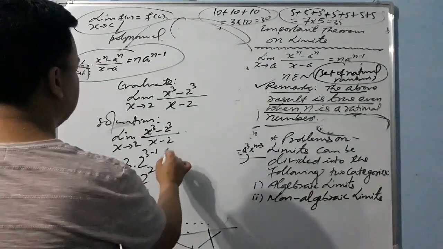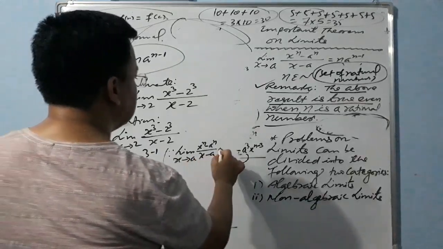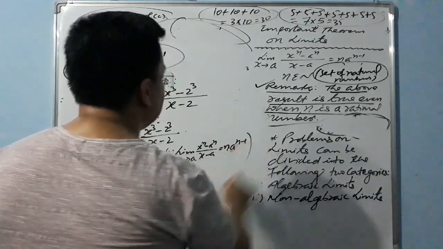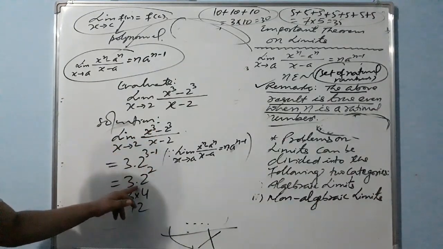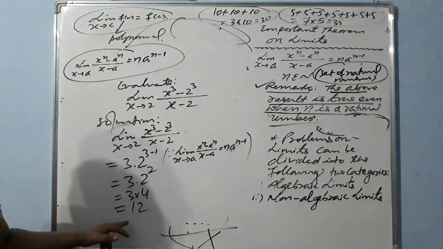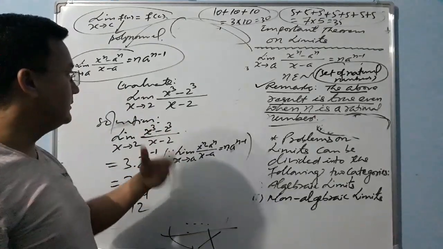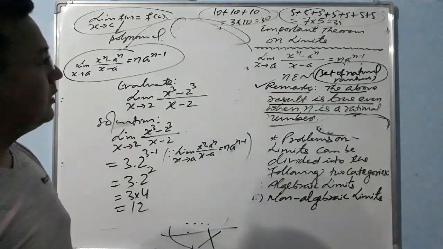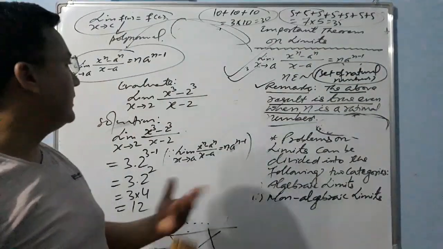So 12 is the limit of this function. We will take more of these types of questions later. It is clear now how to use this theorem to find the limit of a function.